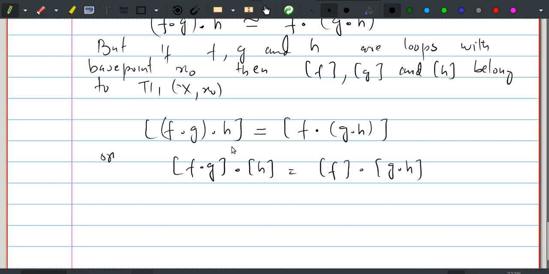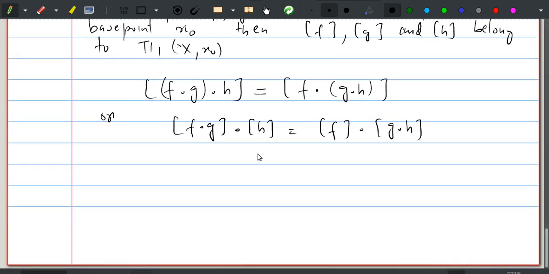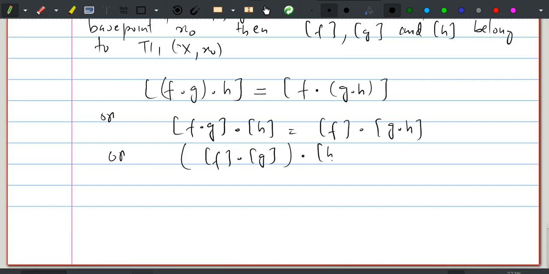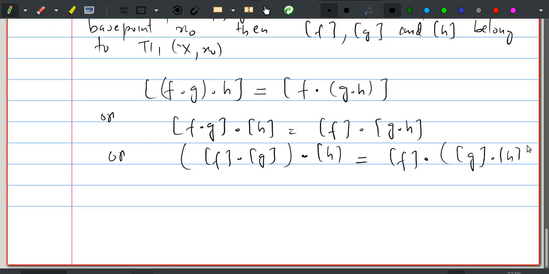So this proves the associativity. Hence this set here is a group.